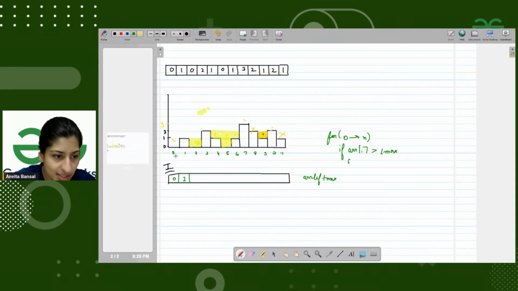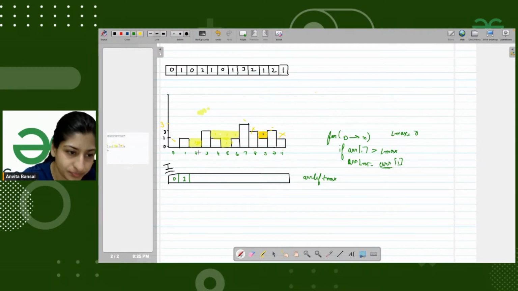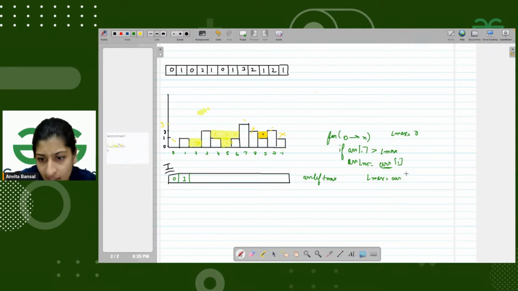Let's say initially L max was 0. If it is greater, then ARR of LM is going to be filled with ARR of I. That is what we want to do here. So check here 1, and also update L max with ARR of I. That is all that we want to do.